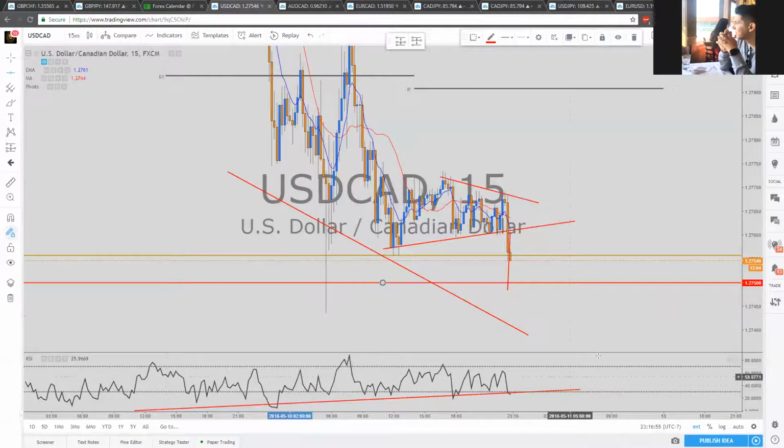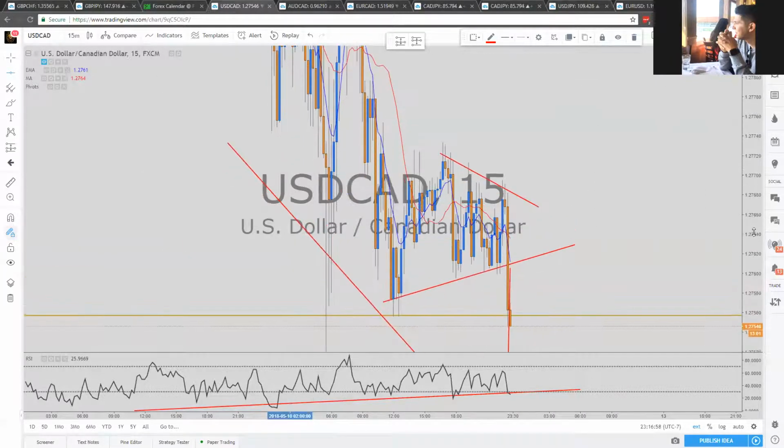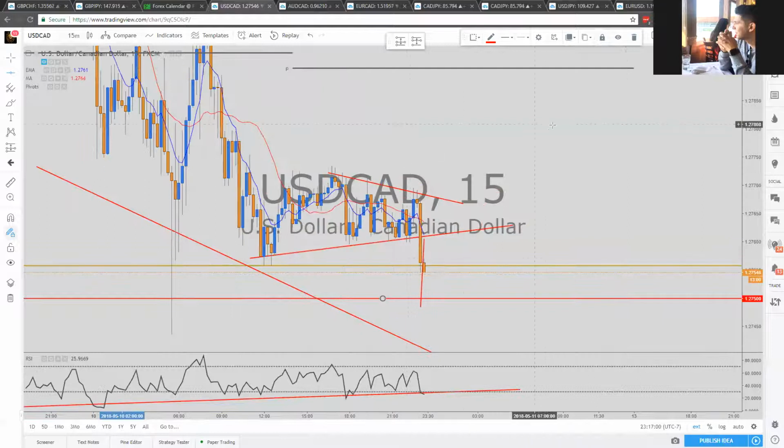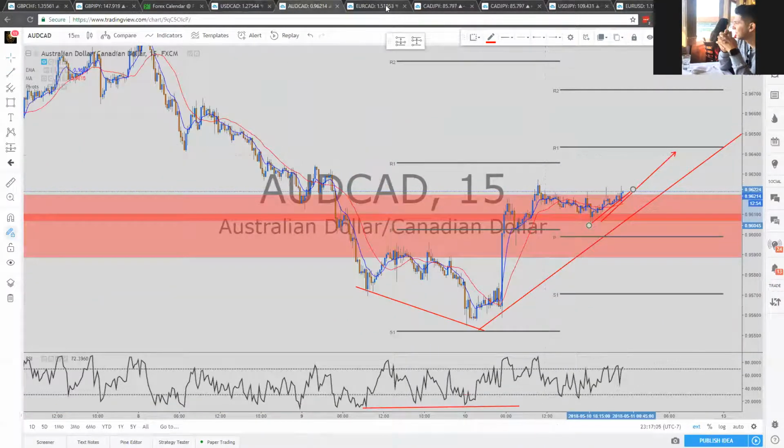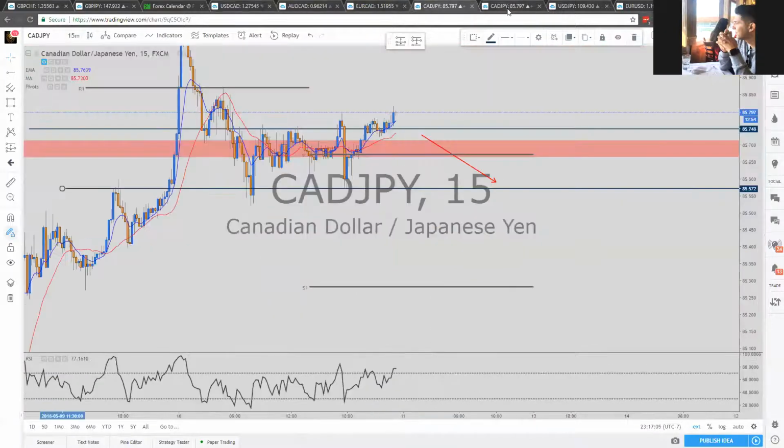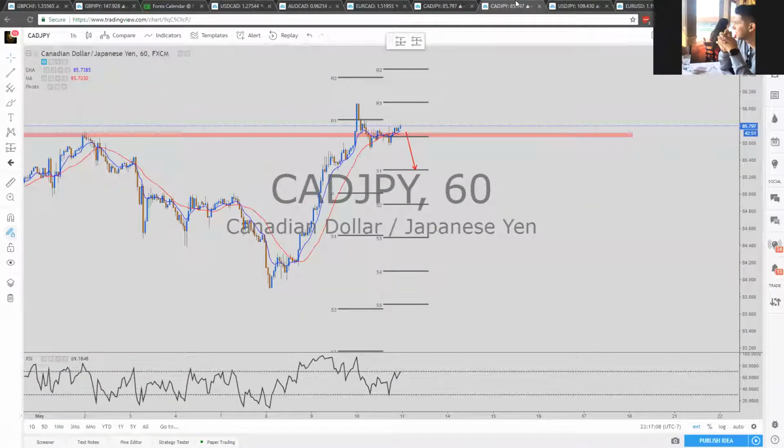Let's say around the 500, so about another 50 micro pips that this one should be dropping, USD CAD. You can see these quick scalping trades, and hopefully you guys are learning from this, especially those of you taking the 7-day training.